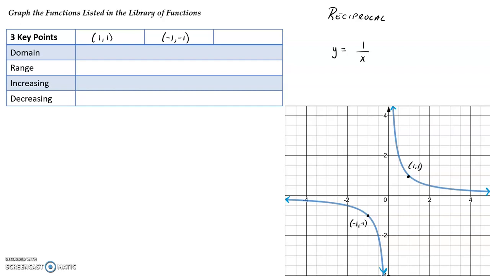So we can go ahead and pick another value to find a third key point on this graph. So let's go ahead and use an x value of 2 and take a look at what happens. If I pick an x value of 2 and plug it into my function, then my y value here is going to be 1 over 2, or 1/2. So I'm going to go ahead and use the point 2, 1/2 as a third key point for this function.